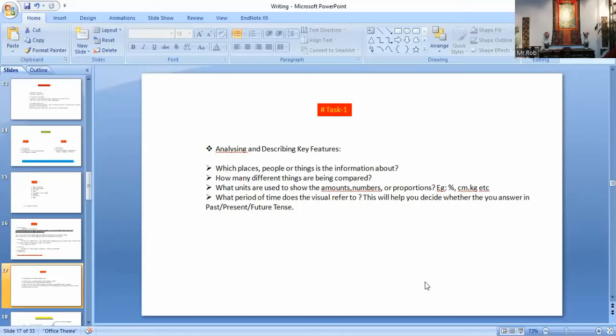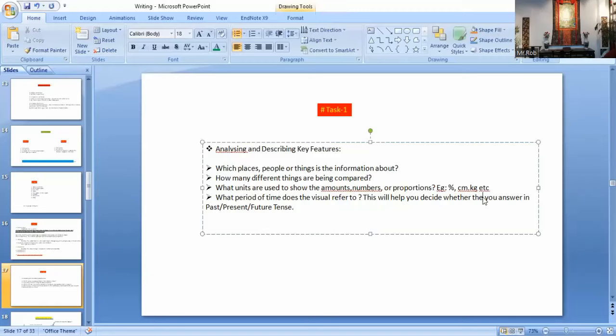For example, percent, centimeter, kg, etc. What period of time does the visual refer to? This will help you decide whether you answer in past tense or present tense.